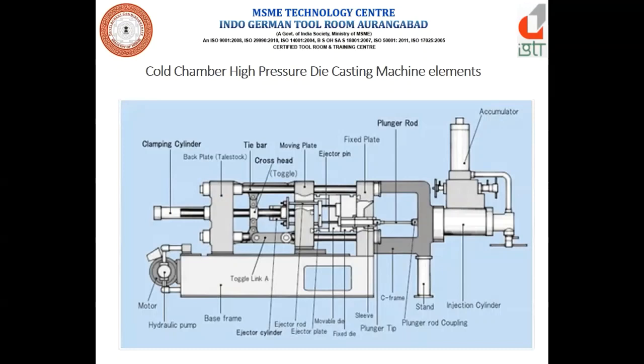They also position the platens. So the moving platen is moving along on these tie bars, and the strength of the tie bar determines the size of the machine.